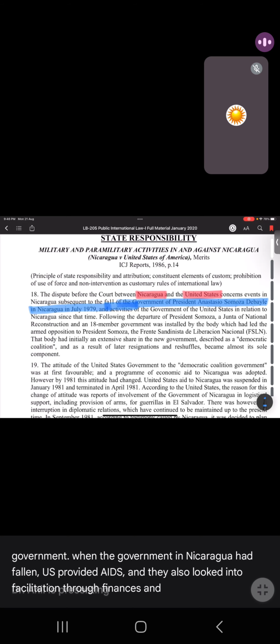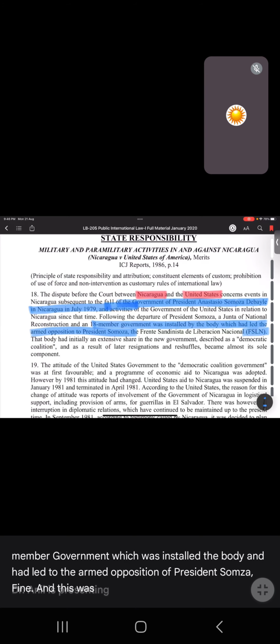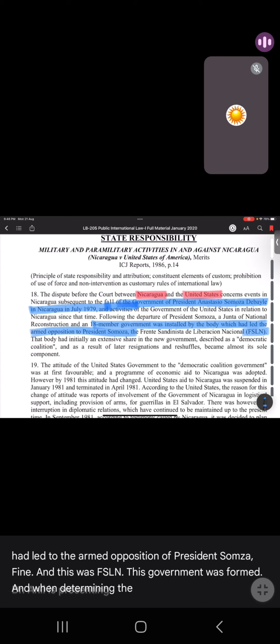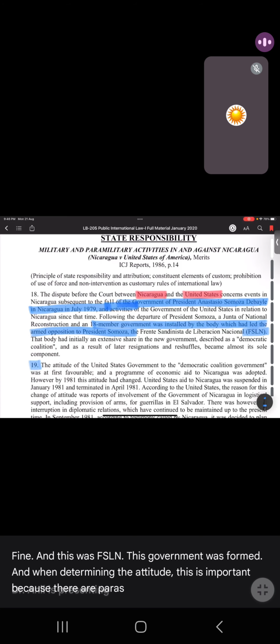When the government in Nicaragua had fallen, the US provided aid and also facilitation through finances and other things. A government was formed, the Junta of National Reconstruction, an 18-member government which was installed and had led to the armed opposition of President Somoza. Fine, and this was the FSLN. This government was formed, and when determining the attitude, this is important because there are paras from the case itself.